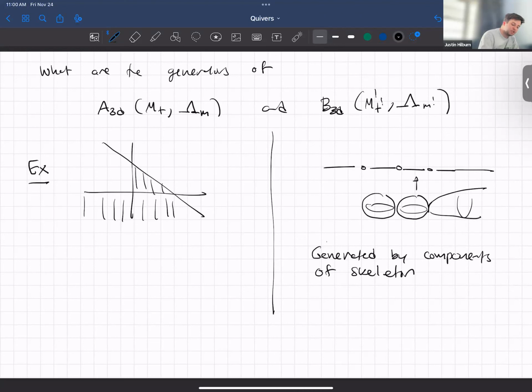So that means that it's going to be generated by three objects, being this P1, and this cotangent fiber. And this one is going to be generated not by the components of the skeleton. This thing is actually going to end up being generated by things that are transverse.